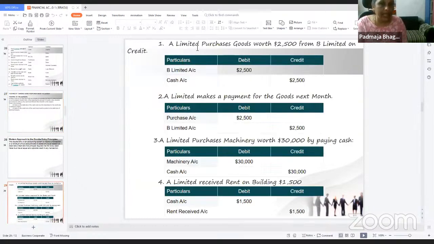See, here A Limited purchases goods worth 2,500 from B Limited on credit.